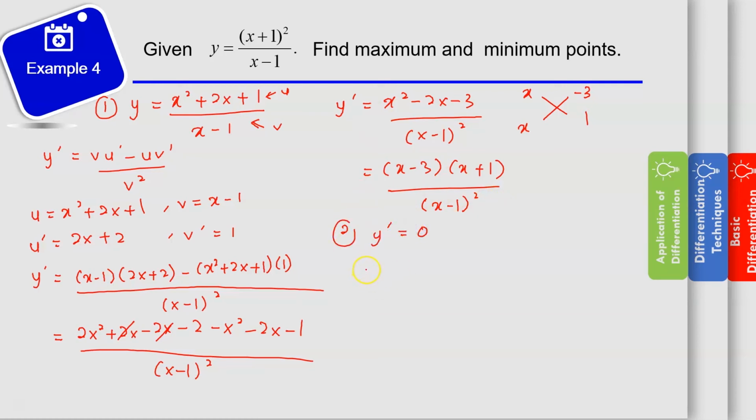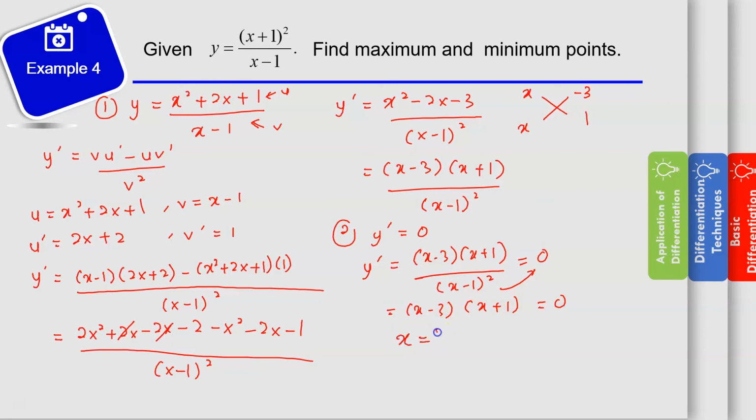So (x minus 3)(x plus 1) divided by (x minus 1) squared equals 0. The denominator can move to this side, so you just have (x minus 3)(x plus 1) equal to 0. So the first solution is x equal to 3, and another one is x equal to negative 1.